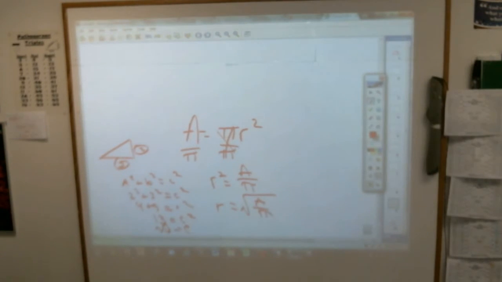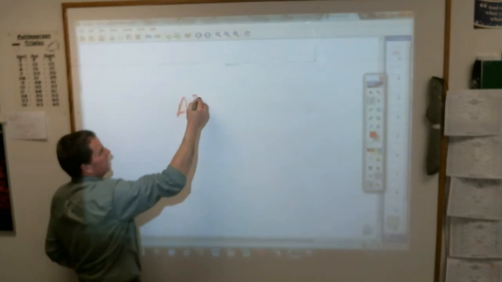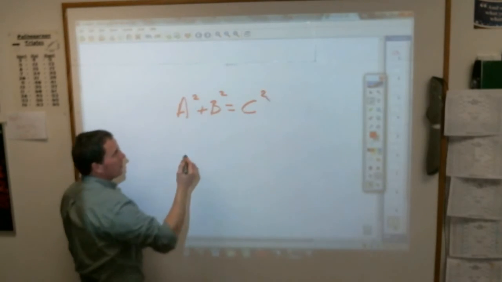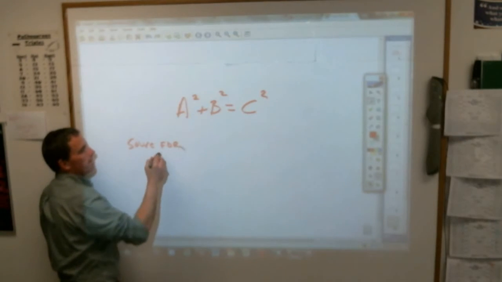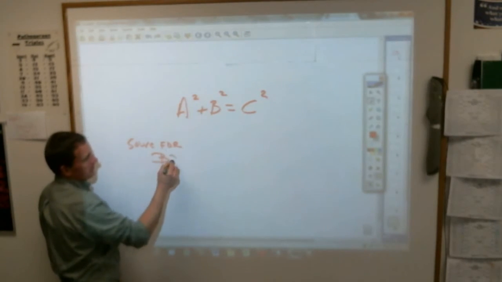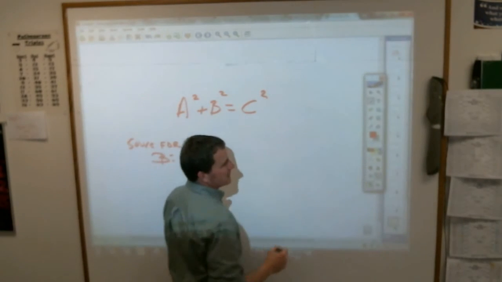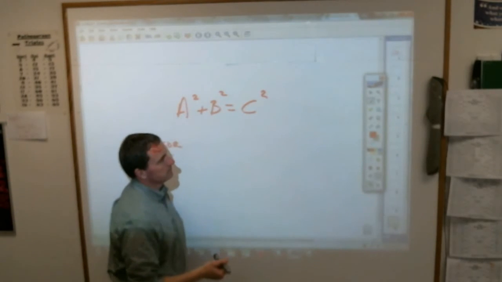Now here's the good one. Let's take the Pythagorean theorem and solve for b. So if I have that and I want the letter b by itself, thoughts on what I should do first?